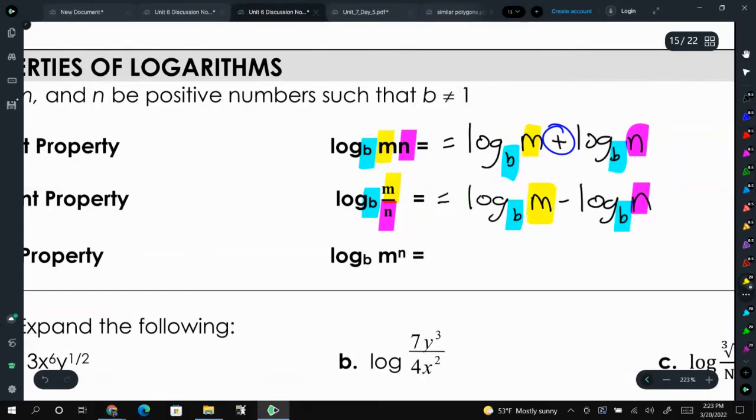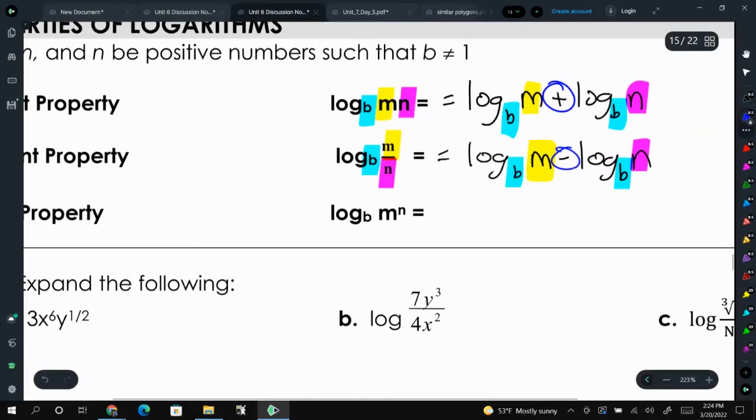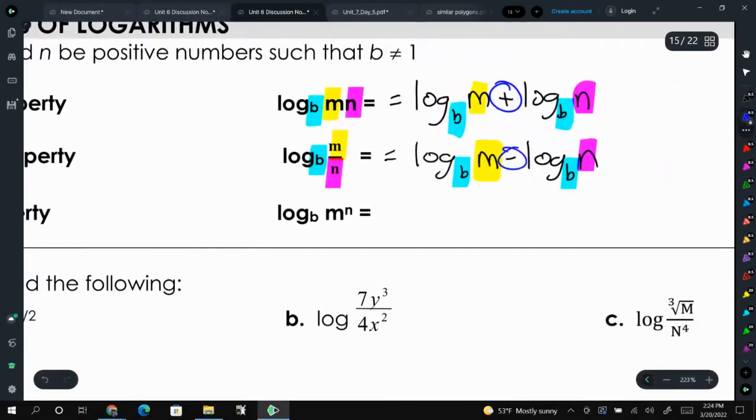Whatever's in the numerator goes first, then minus whatever's in the denominator. Whereas the previous one with the product property, we were adding, because with addition, the order doesn't matter. But I always like to put the first thing first, second thing second. It helps us for the quotient property where we subtract.